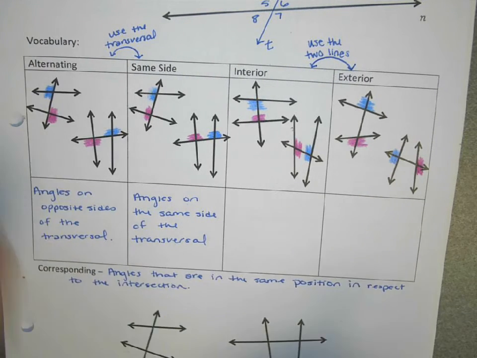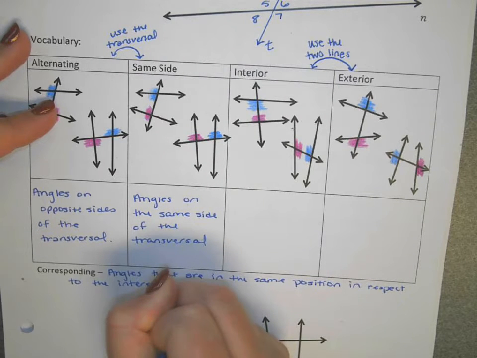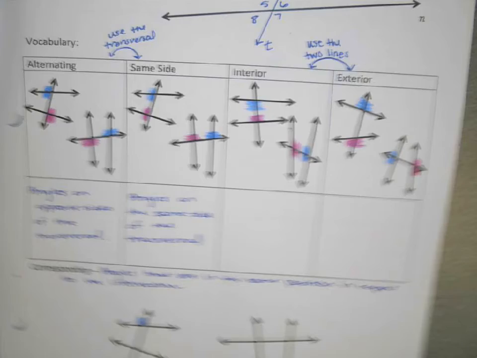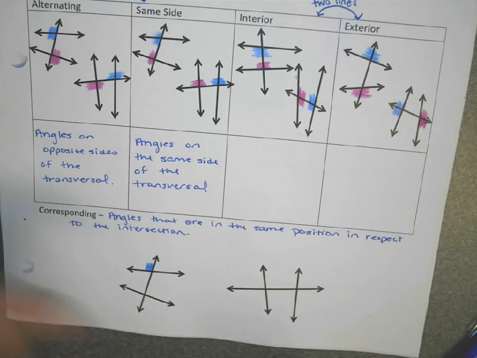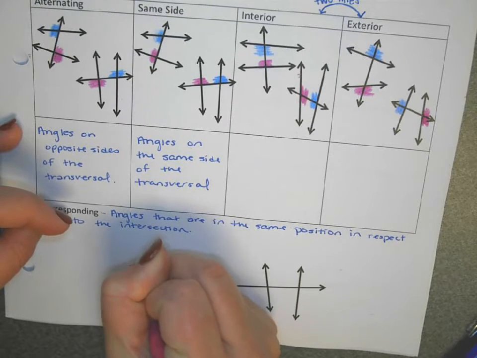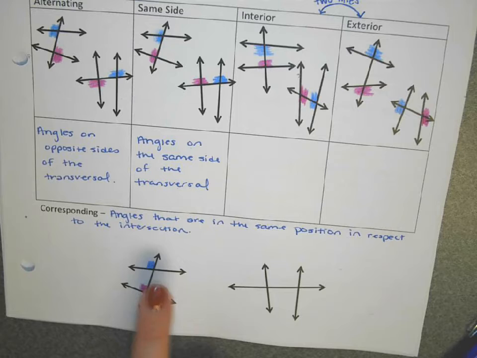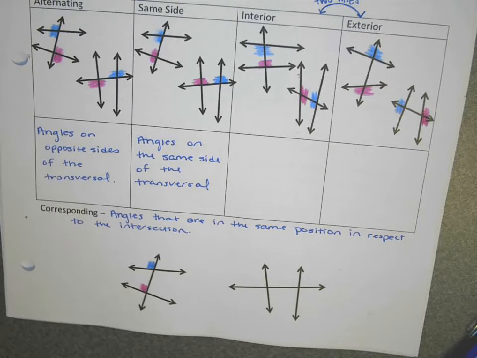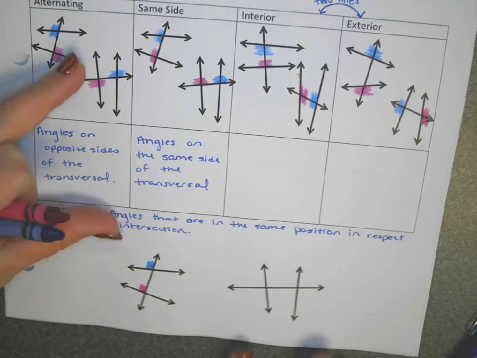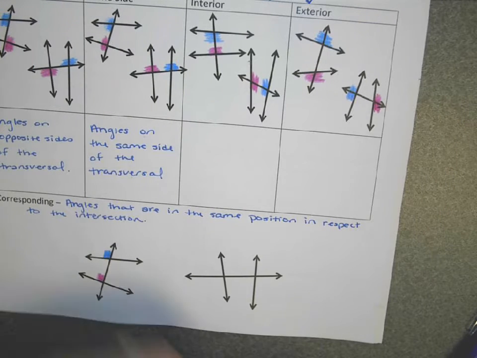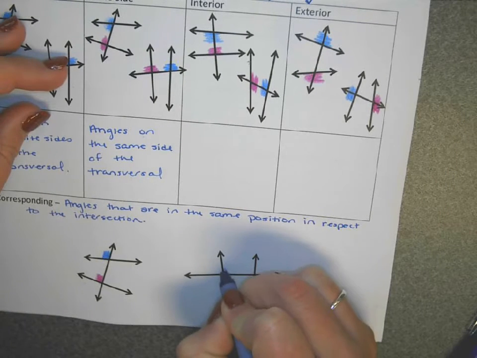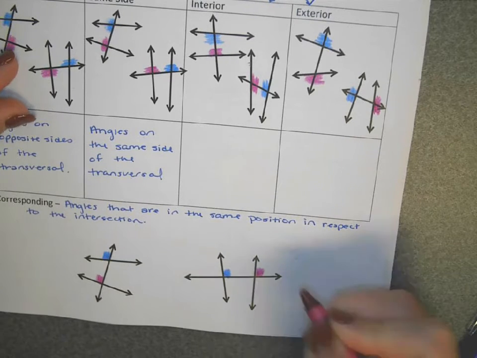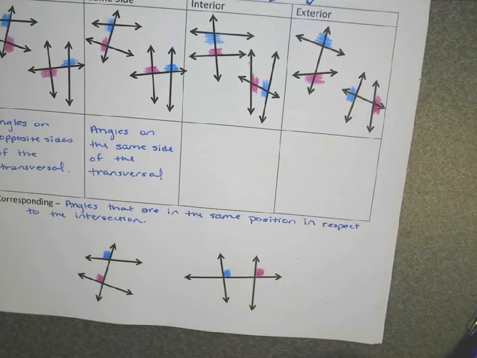So if I'm talking about the top left corner, that angle right there, the corresponding angle would be the angle that's also in the top left corner right there, just at the other intersection. If I were to slide this down, they would be overlapping there. Okay. If I was talking about the top right corner, the corresponding angle would be in the top right corner, but at the other intersection.